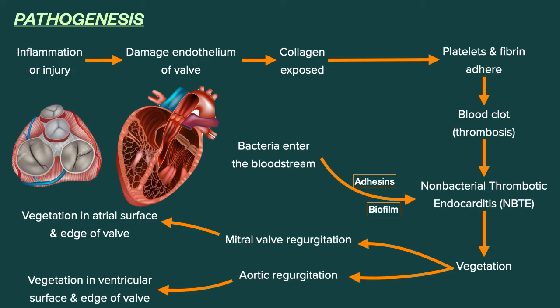This is called non-bacterial thrombotic endocarditis, or NBTE. It's not bacterial because it happens even before the bacteria shows up. Now, if you add in bacteremia or bacteria in the blood, you've got yourself a recipe for infective endocarditis.